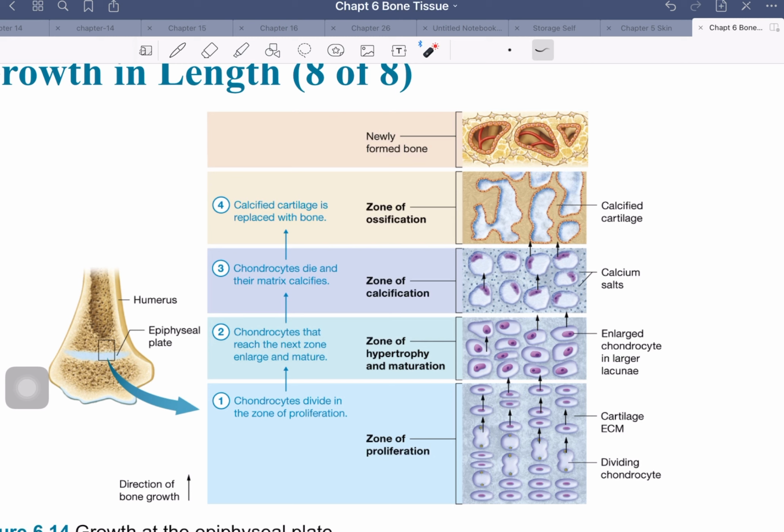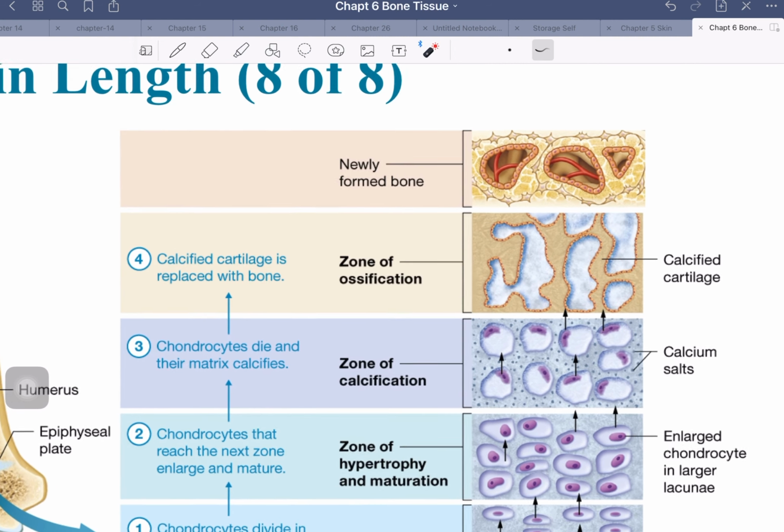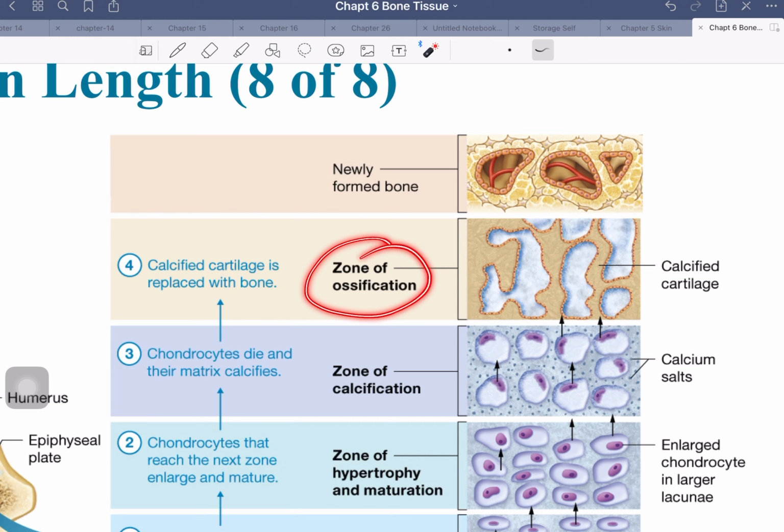So here they've enlarged, they've matured. When they hit the zone of calcification, the chondrocytes die and the matrix calcified. So I'm starting to get calcium salts within the matrix. As I move up to the zone of ossification, the calcified cartilage gets replaced by bone, and eventually I end up with a newly formed bone.